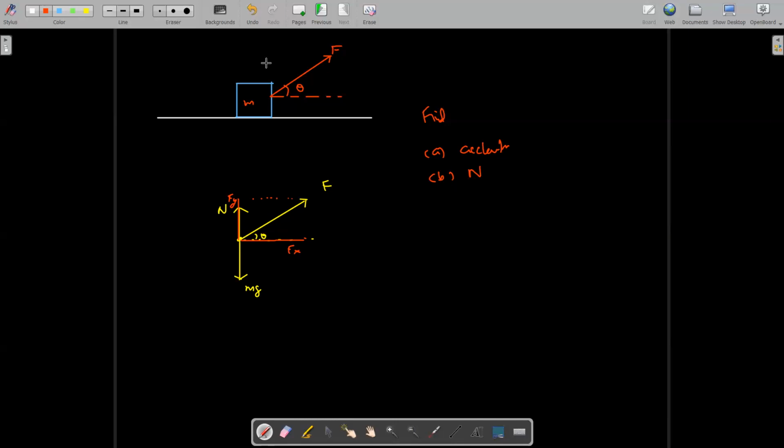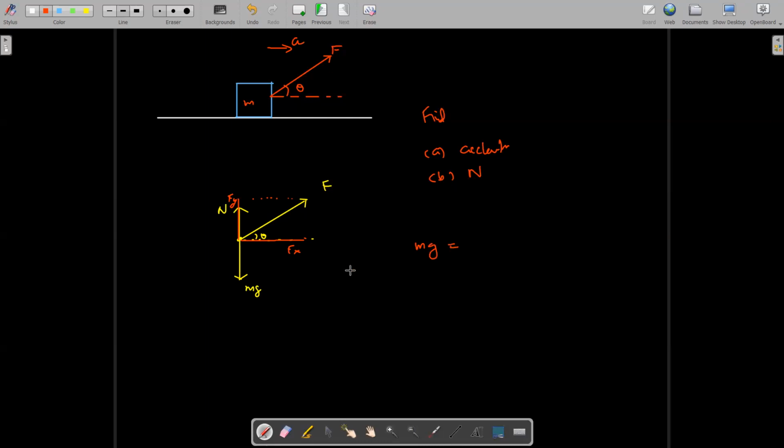And we know that if an object is pulled in a direction, it will have an acceleration in this direction. Here also we know that it has no vertical movement. It does not move up and down, it only moves along the floor. So what do we do? Here it has acceleration only in this direction. Okay. So again we can equate the y components, positive y and negative y.